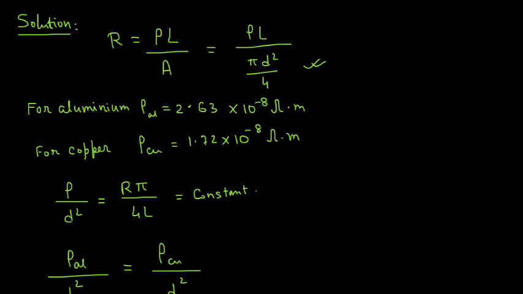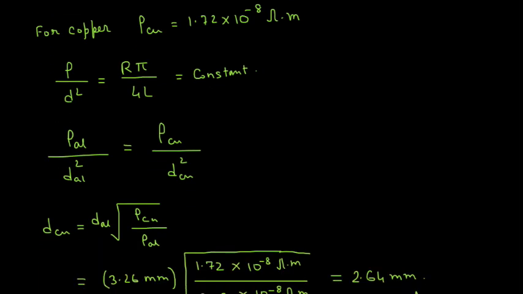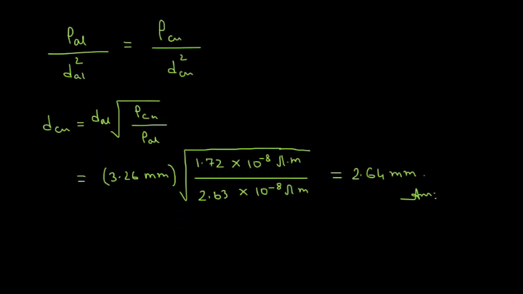So rho of aluminum upon diameter square is equal to resistivity of copper upon copper's diameter square. So diameter of copper is equal to diameter of aluminum under root, by cross multiplying we can find this, rho of copper upon rho of aluminum. Just putting the values, we get the diameter of copper is equal to 2.64.